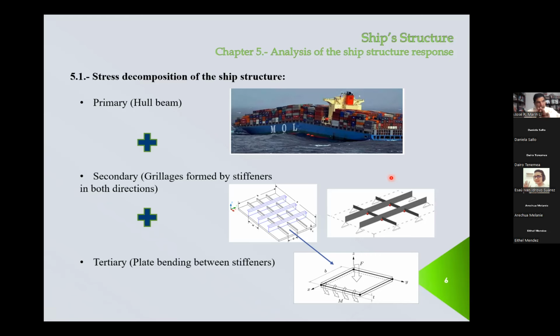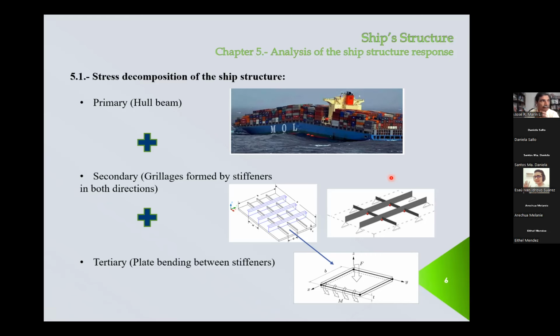And then we apply the load. Now, for the inertia of each one of these beams, we need to consider the effective breadth. And finally, for the tertiary, it's just chapter 4. You have a plating, apply load, and it bends. On the top and on the bottom, in the tertiary, the stress is going to be the same but of opposite sign.